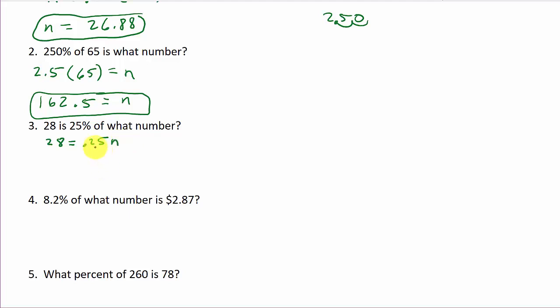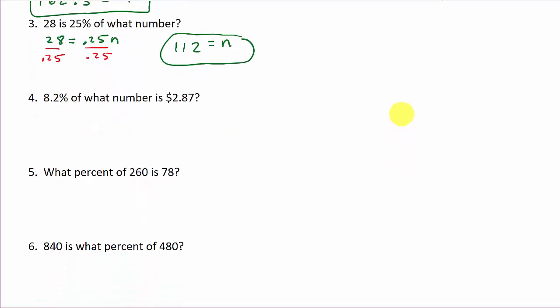So to solve for n, this is 0.25 times n, so we're going to have to divide both sides by 0.25. And so that is going to give me n is equal to 28 divided by 0.25. And so that is going to give me 112. All right. See if you can do the next one. Pause the video and see.